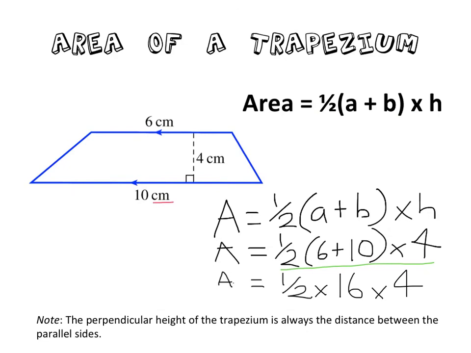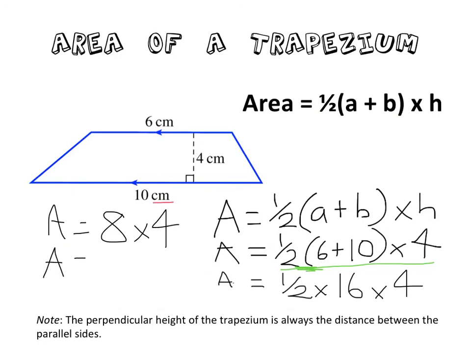I worked out what was in the brackets, and I know brackets means times, okay, so it's half of 16 times 4. Now, what's half of 16? If I divide 16 by 2, I get an answer of 8, and then I'm still timesing it by 4.